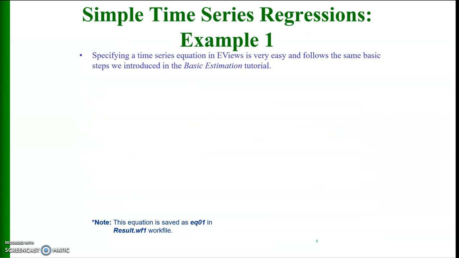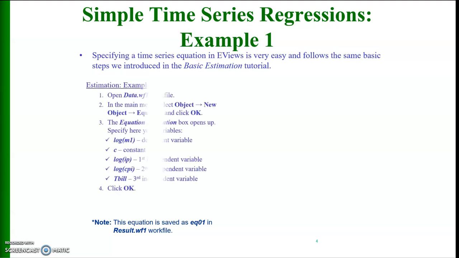We can specify a time series equation in EViews, which is very easy, and we follow some basic steps that we introduced in the basic estimation tutorial. I'll start with example number 1, and I have data in this file, data WF1, that is the work file, and I can use this procedure in the main menu.